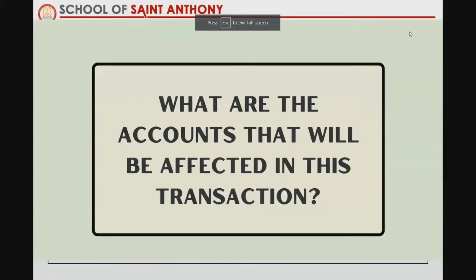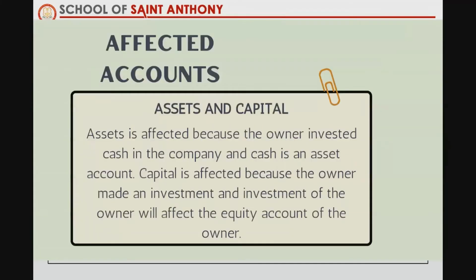So what are the accounts that will be affected in this business transaction? Again, the accounts that are being affected are the assets and capital. Assets is affected because the owner invested cash in the company, and cash is an asset account. Capital is affected because the owner made an investment, and investment of the owner will affect the equity of the owner.